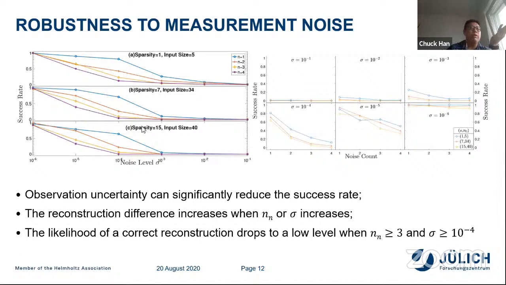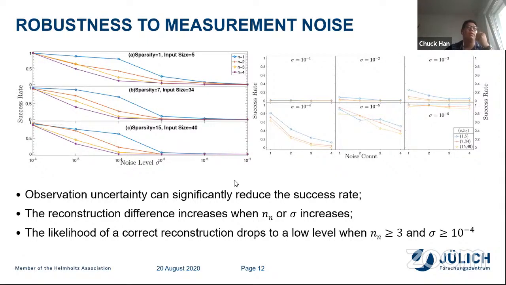So here are some more results, where we test whether the reconstruction can be successful with noise. Both graphs come from the same set of results. We just present them in different ways. We can see from both of them that the reconstruction is absolutely possible, however, with certain limitations.